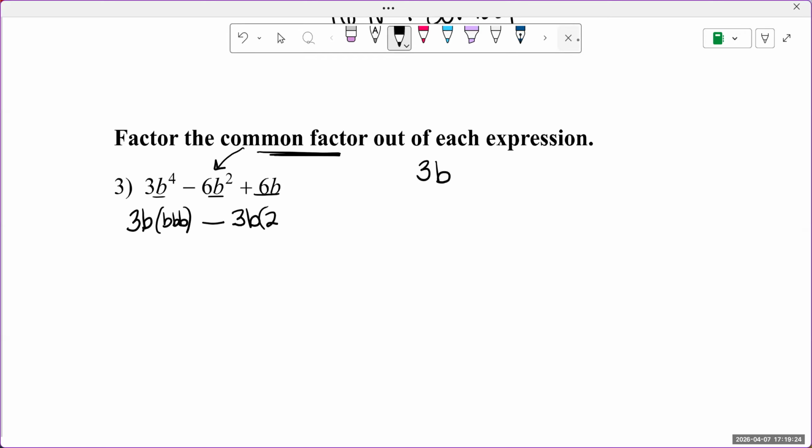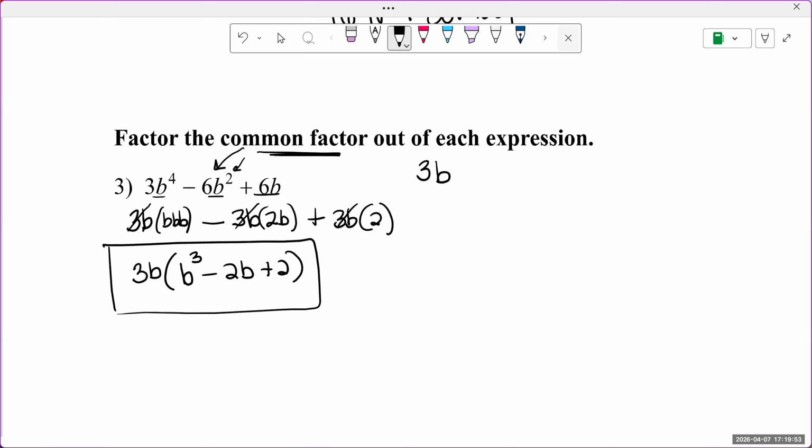Now, to get 6, I need a 2. To get b squared, I need another b. And 3b times 2 is 6b. So now I pull 3b to the front, and I have b cubed minus 2b plus 2. And there is our answer in factored form.